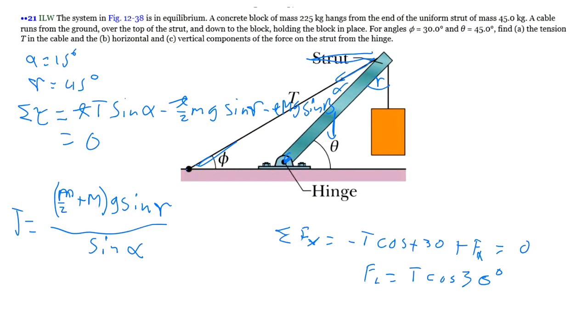The sum of the forces in the y direction will be equal to, again, we're not being pulled up, we're being pulled down, so we'll have here minus little mg minus big mg, right, for the block, and then we will have minus T sine 30.